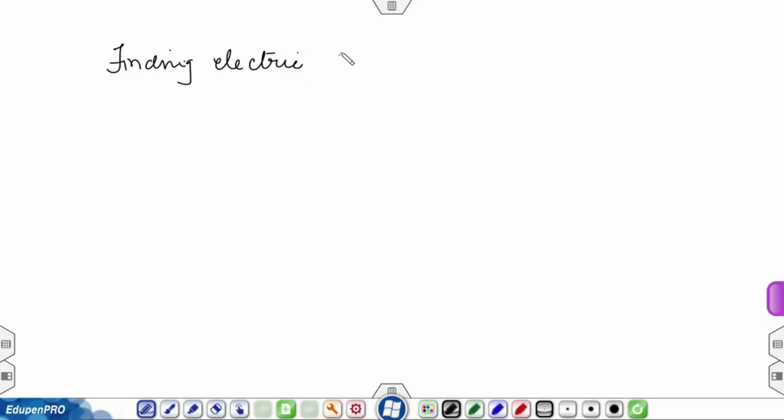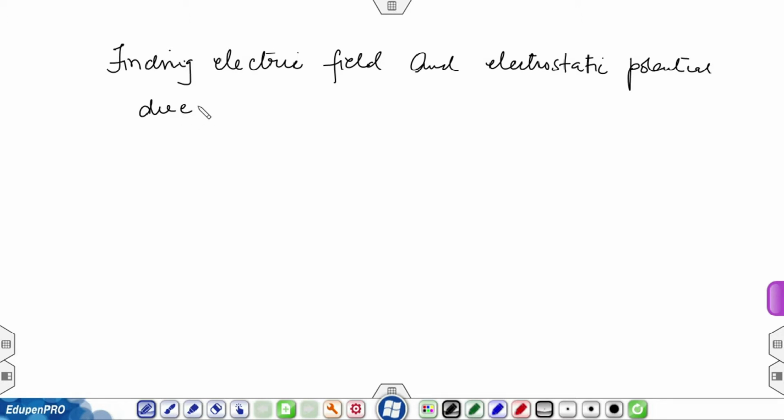So, we have been solving problems of finding electric field and electrostatic potential due to some simple symmetric charge distributions.